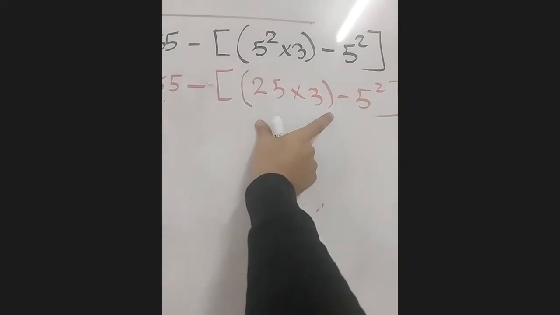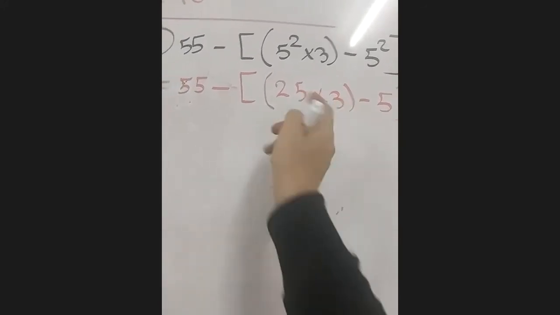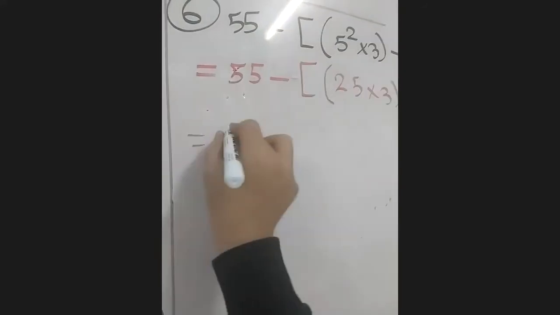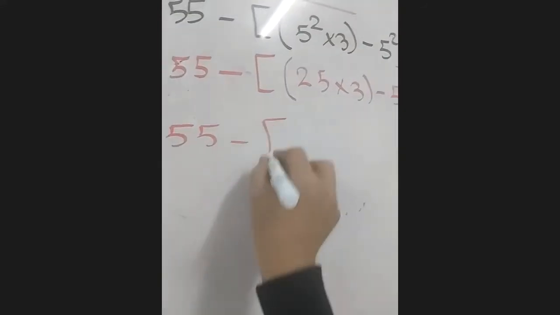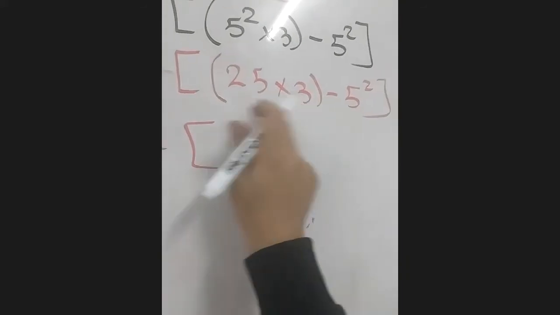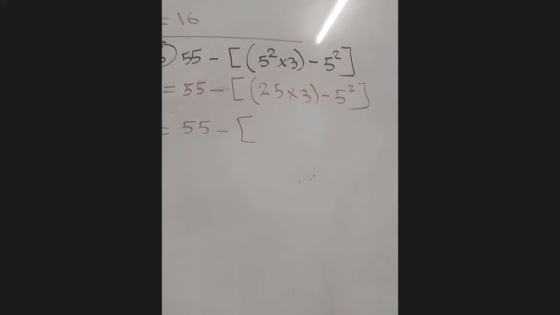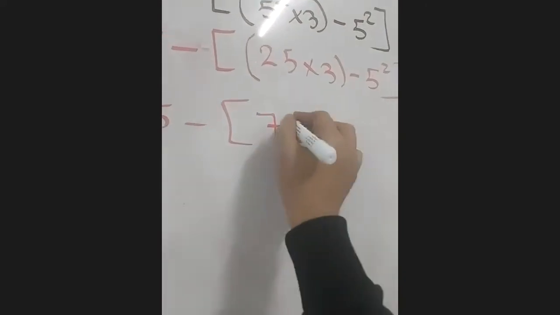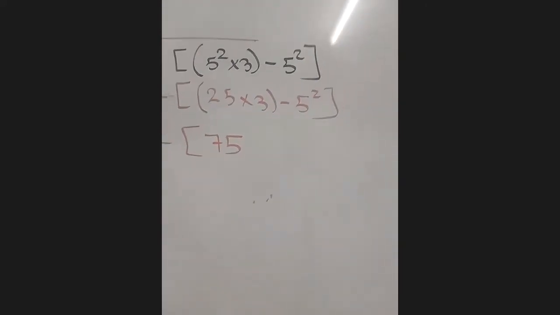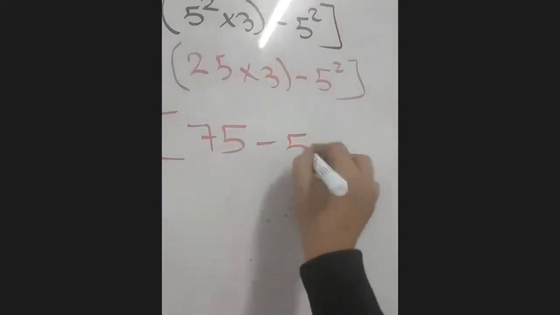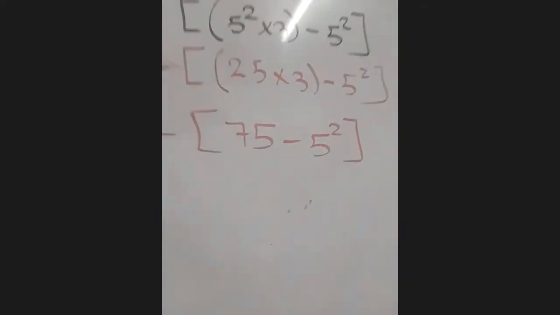We need to finish with this. 55 minus 25 multiply 3, how much? 3 times 5 equals 15. You do it, it will be 75 minus 5 to the power 2, right?